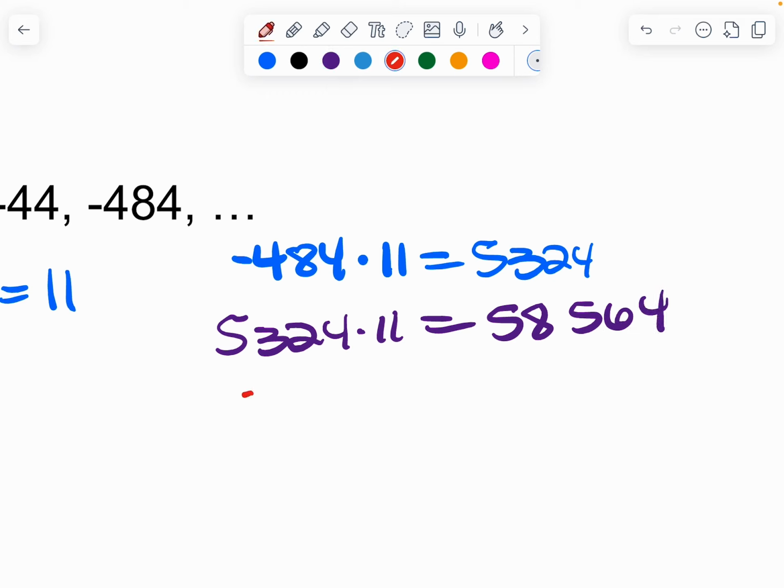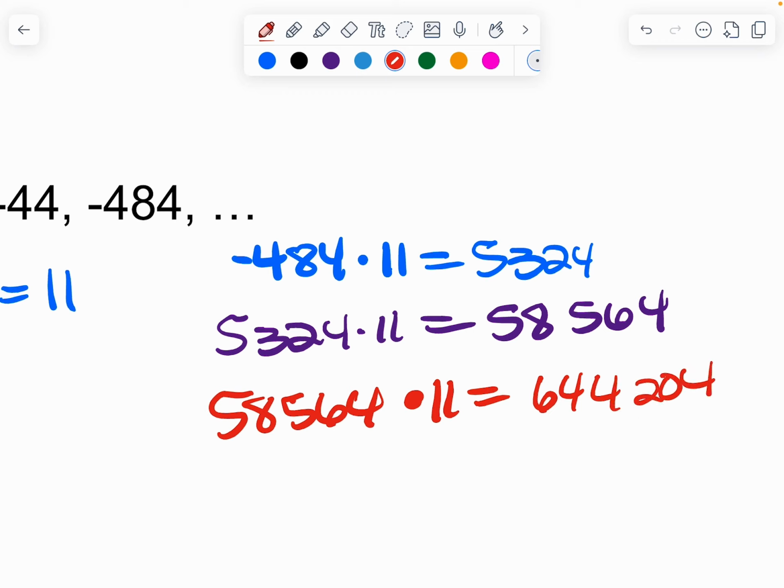And I'm going to take 58564 and multiply that by 11, and I'm going to get 644204. And those are the next 3 terms. Oh, no, they're not. They need to be negatives. These all should be negative.